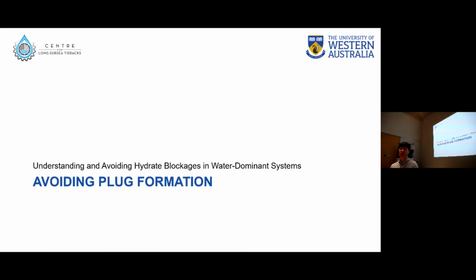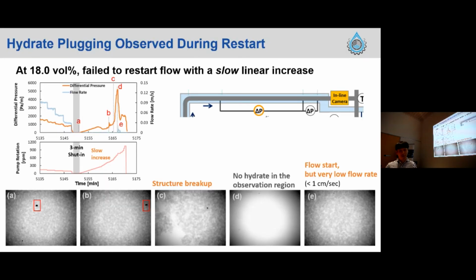Next, I'll introduce our results on hydrate plugging and briefly discuss the plugging mechanism during restart operations in pure water systems. At 18 volume% hydrate, it failed to restart flow with a slow linear increase in pump power, pump rotations.